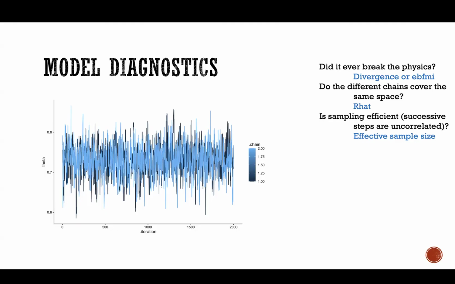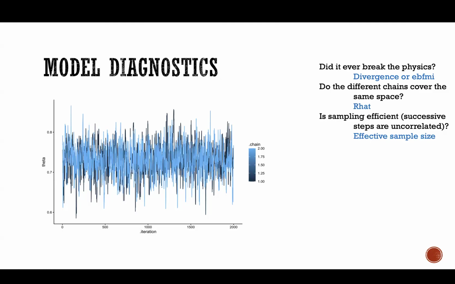If the values don't match, it says I've broken the physics, right? The gradient changed too quickly for me to anticipate it, or I bump against a wall. And therefore we have what is called divergence, or we have low energy, EBFMI, according to in how many dimensions the trade-off got broken.